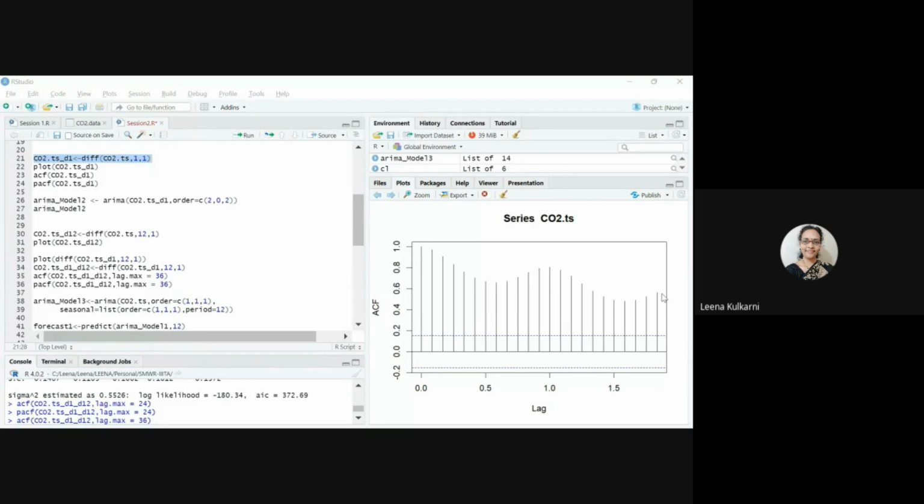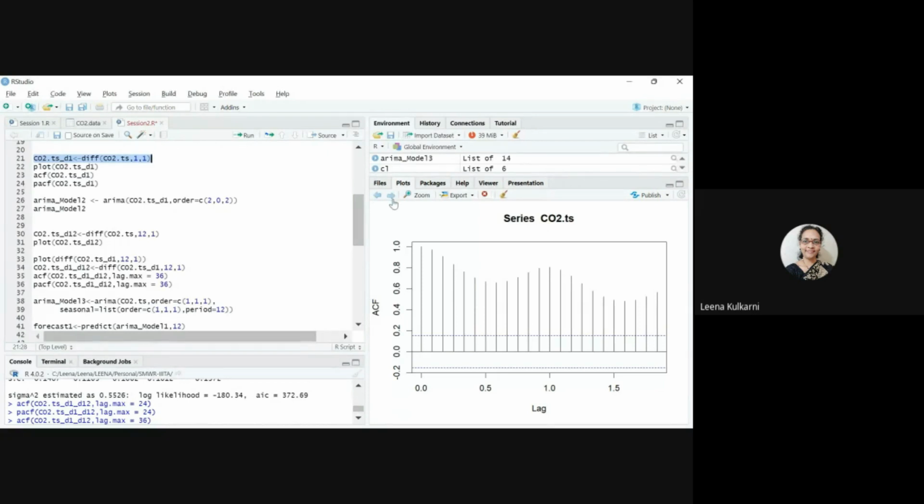If the data is not stationary, then the autocorrelation values will not go to 0 very quickly. So when in this autocorrelation function the values are not going to 0 anywhere, it indicates that the series is not stationary. All right.